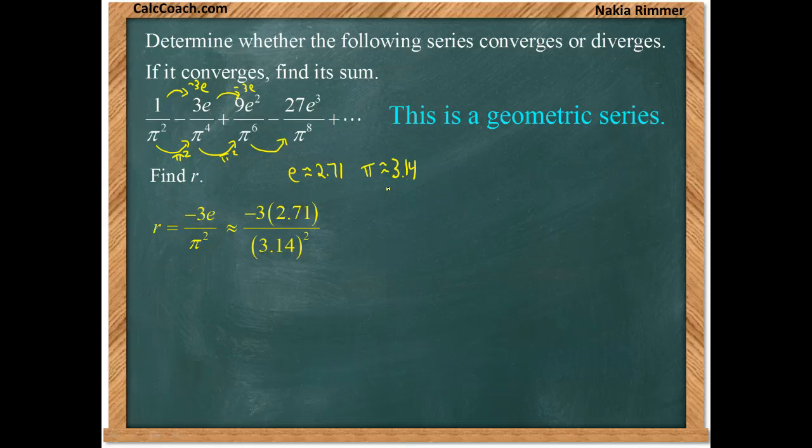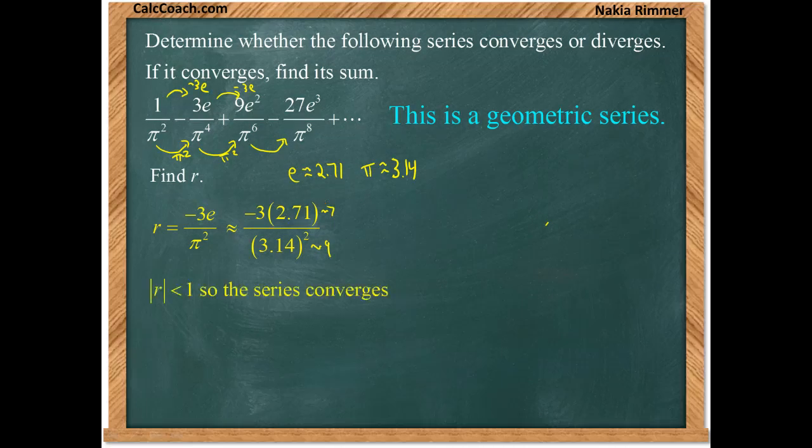What we have to do is compare the numerator to the denominator. If I square something larger than 3, how does that compare to negative 3 times 2.71? The denominator is about 9, while the numerator is about 6 or 7, maybe even 8, but definitely not 9.